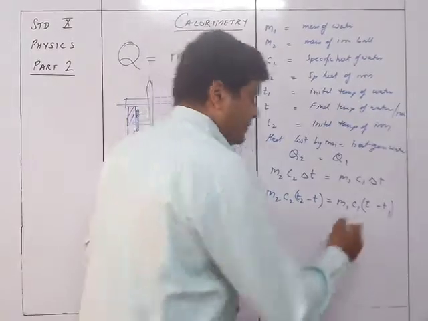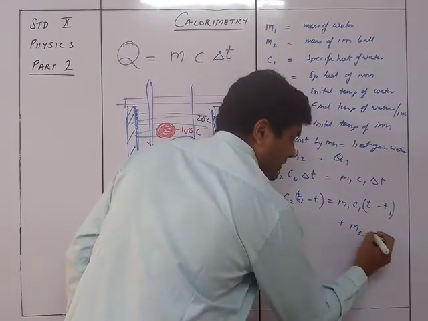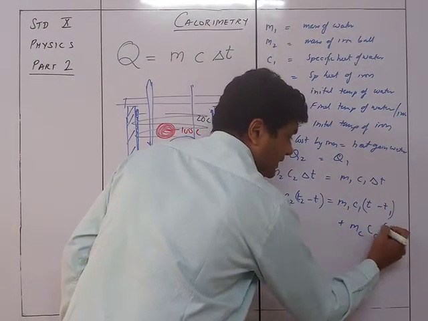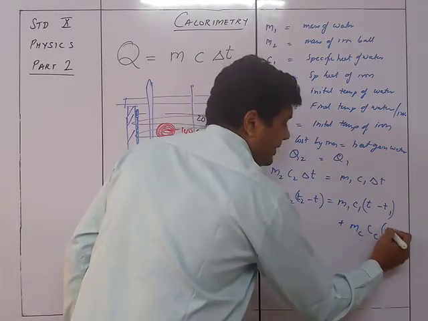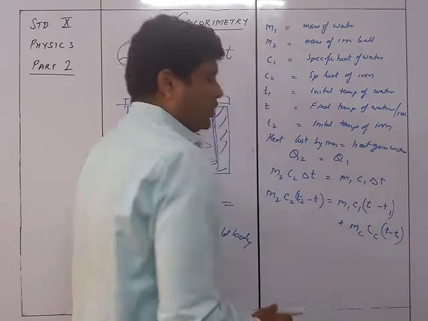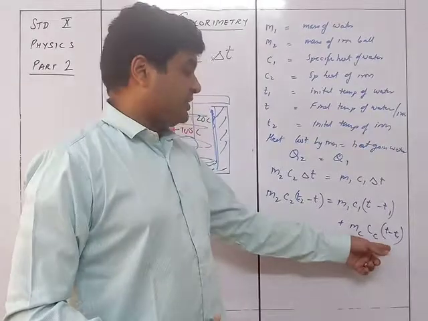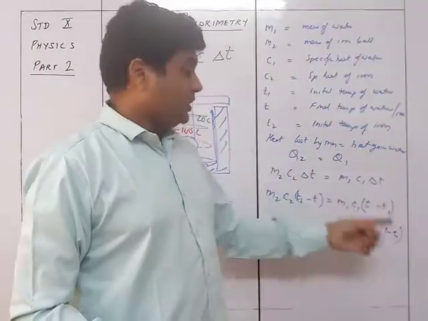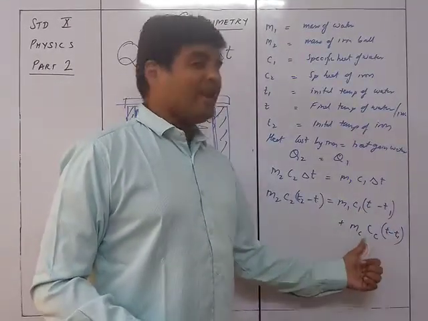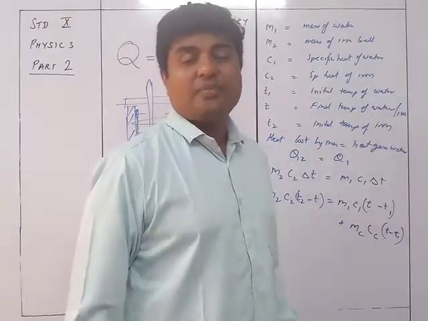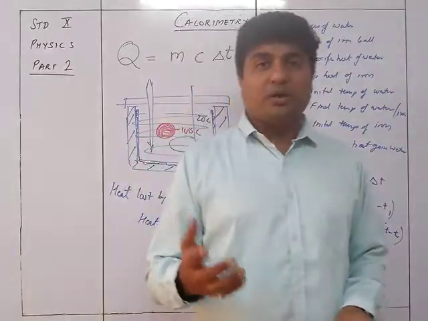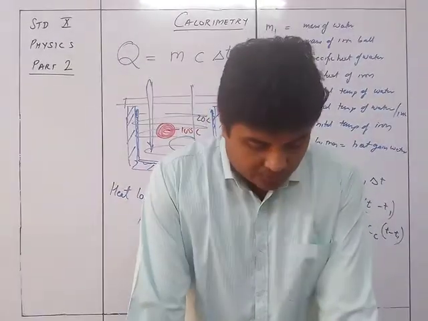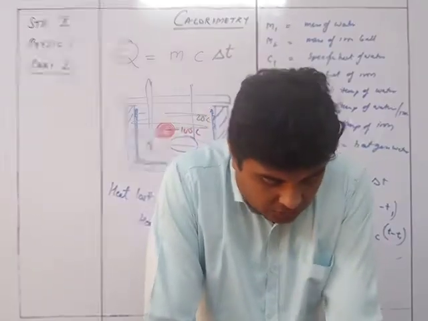So here it will be plus M of calorimeter, C of calorimeter, and delta T, that is again T minus T1, because normally the temperature of the calorimeter will be the same as that of the water inside. So this will be an addition. The heat energy from the iron will be lost not only to the water but also to the calorimeter.